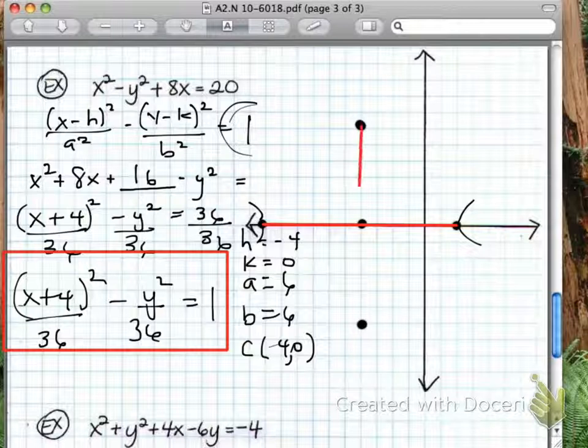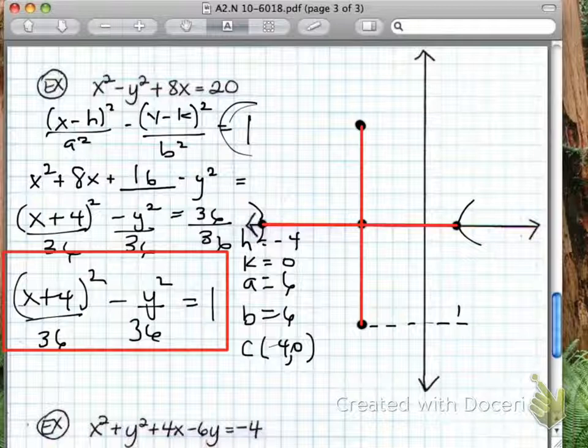So here's my transverse. My conjugate, right? What I'm going to do with that is make my box now. This is making your life easier with your asymptotes, okay? From the transverse and conjugate, I'm going to make a box. All right.